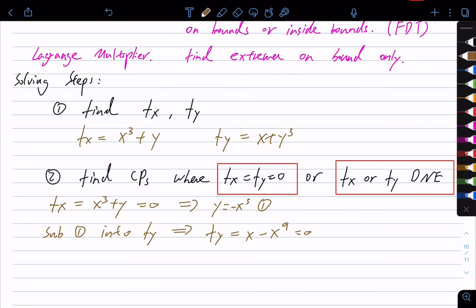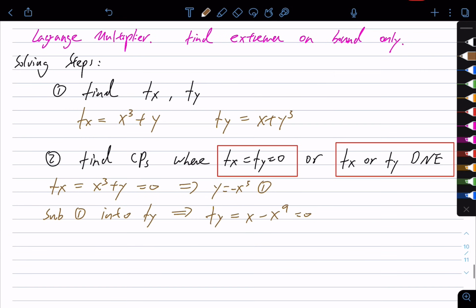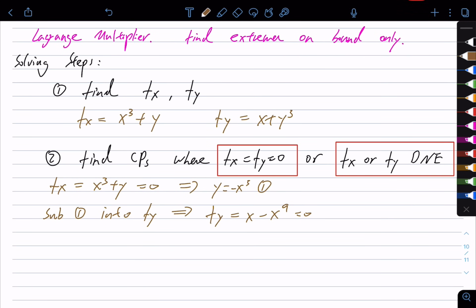Do you really have to do this? Not exactly, because you can really tell from this equation where the function on the left equals the function on the right.